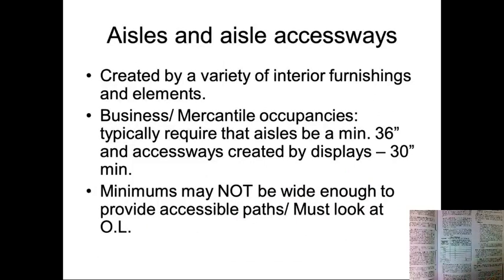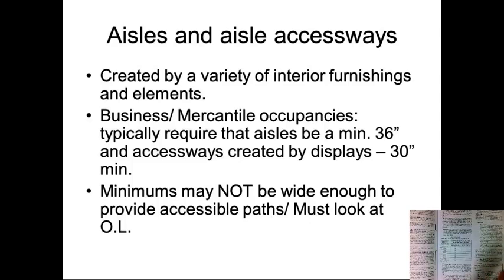So aisles and aisle access ways are created by a variety of interior furnishings and elements. Business and mercantile occupancies typically require that aisle to be a minimum of 36 inches and access ways created by displays 30 inches. I know that you're going to say, I go in every department store and I end up almost not being able to get through some of the access ways, and that is true.